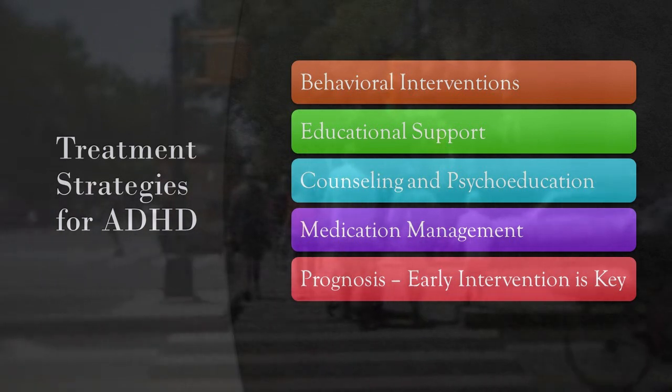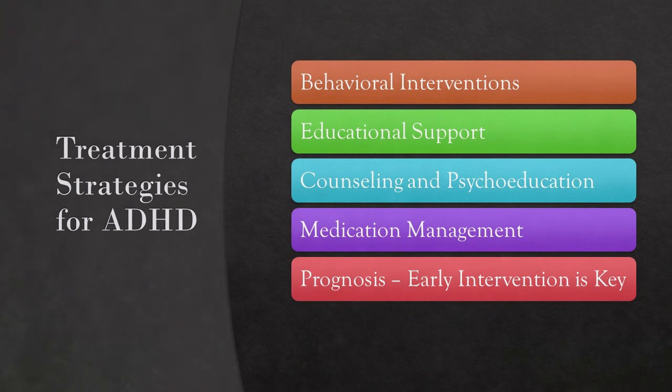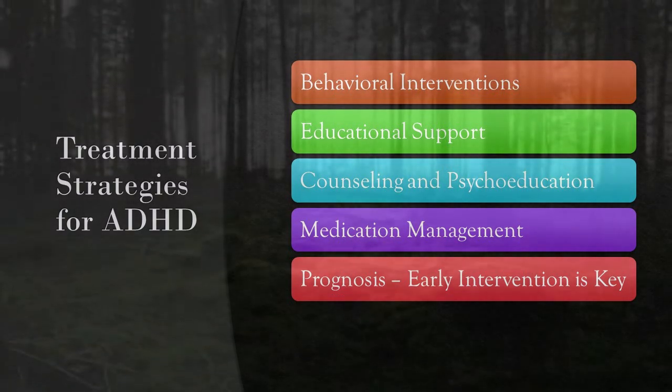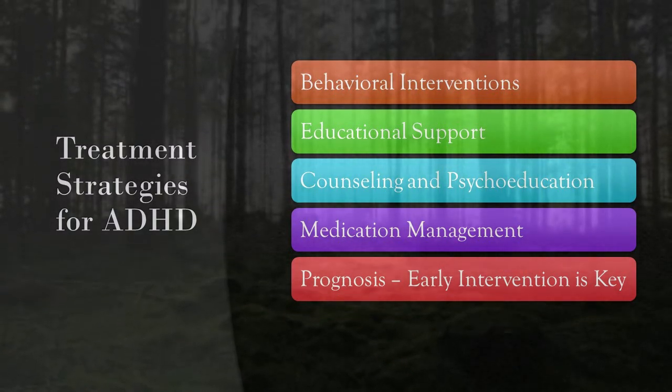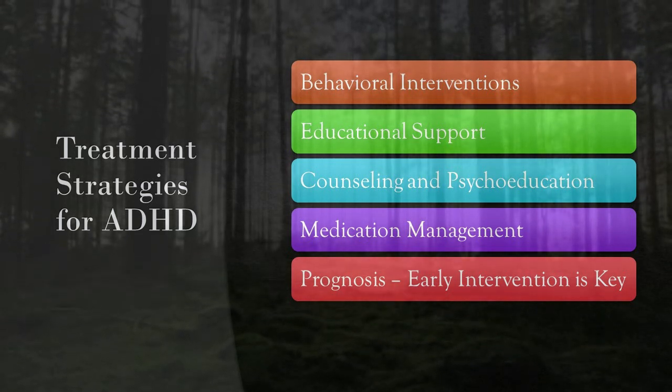And so recognizing that ADHD manifests uniquely in each individual, there needs to be some tailoring of interventions to address specific challenges. And the combination of behavioral, educational, and, when appropriate, pharmacological strategies can really yield the best results.